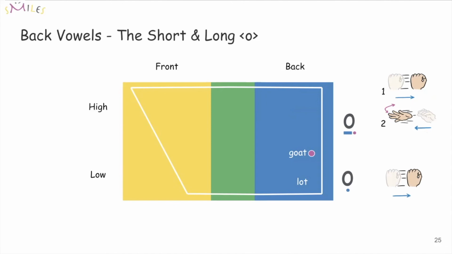The remaining 2 vowels, the short and long O, are also back vowels. The long vowel O, as in goat, is a diphthong, with the second component of the sound having an element of lip rounding, O. It is therefore labeled with a long blue dash and a pink dot.